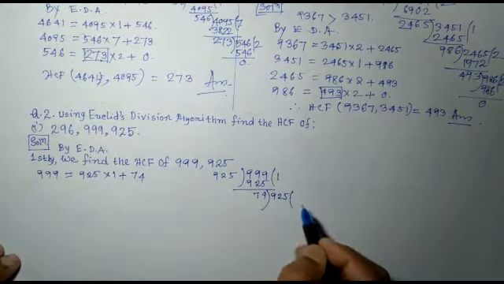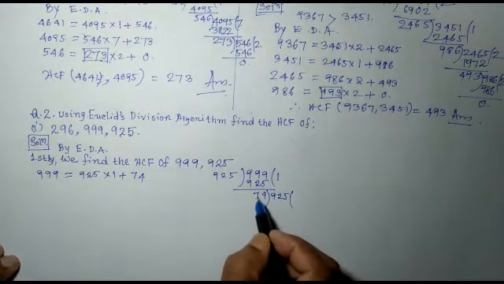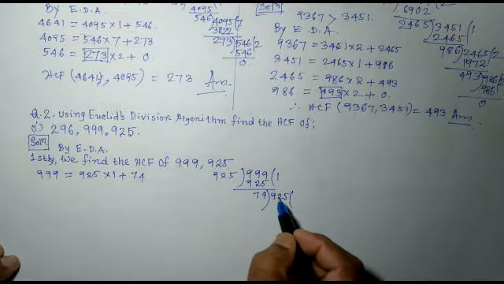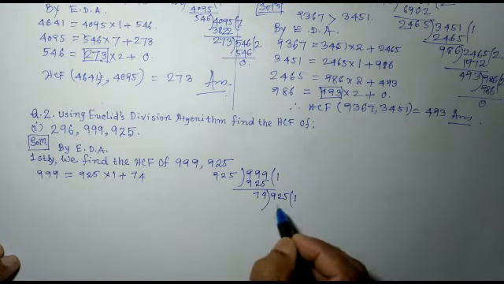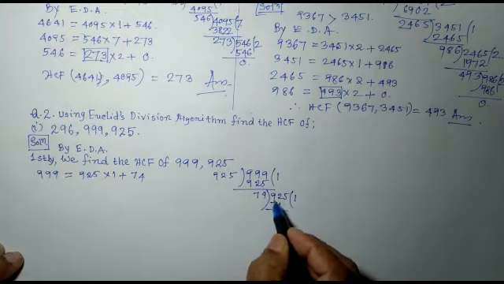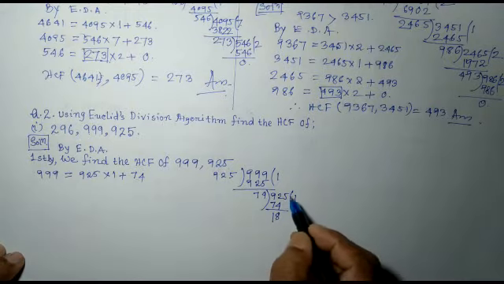And now we have to divide 925 by this 74. See how many times it will go. As we see here, 92 is bigger than 74, so we will take this 92 first. Then only one time it will go. 74 into 1 is 74. By subtracting, we will get 18, and bring down that 5.